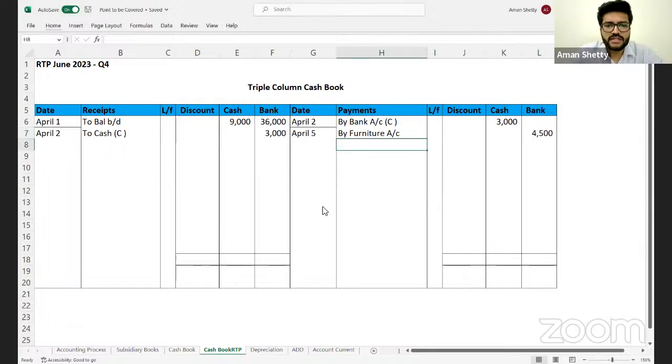Next. 8th April, purchase goods for cash 1,500. Purchase for cash, correct. So April 8, by purchases account, in the cash column, rupees 1,500. Next.